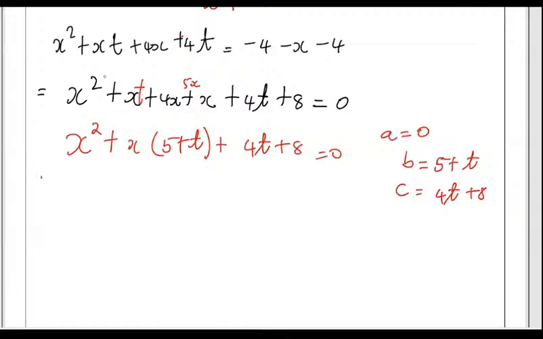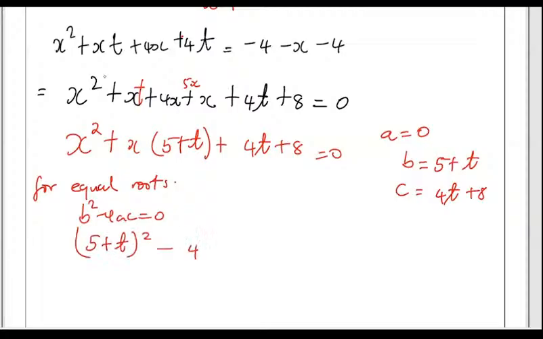We're saying that for equal roots, the b squared minus 4ac should be equal to 0. So which means 5 plus t squared minus 4, your a is 1. Why did I say a is 0?